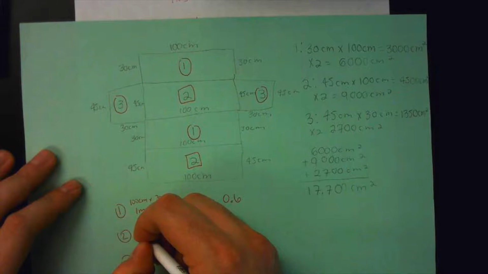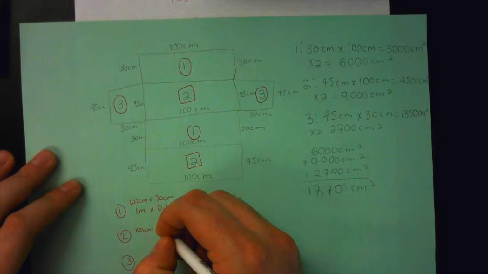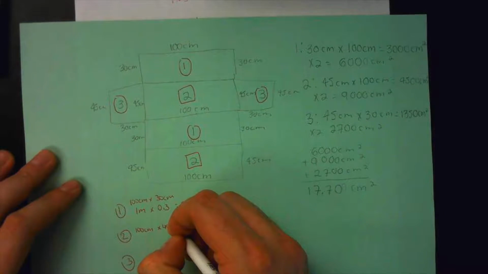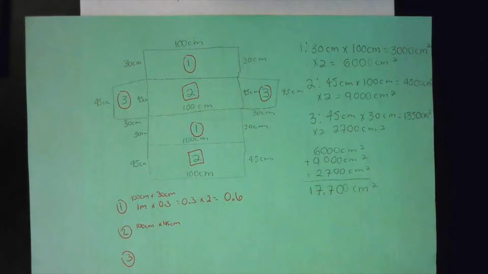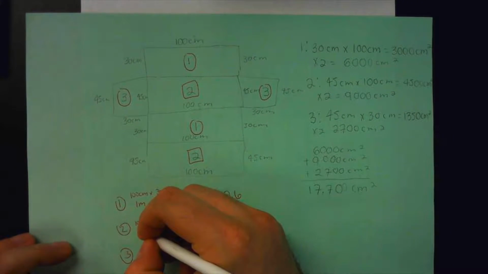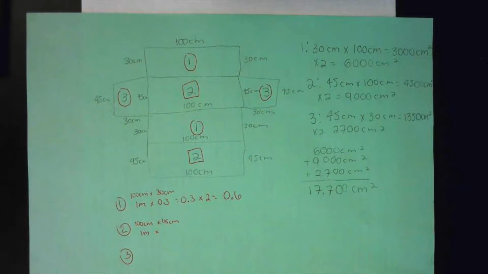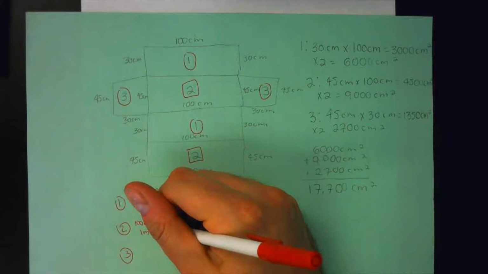Okay. Let's look at the second square now. We have 100 centimeters multiplied by 45 centimeters. How can we convert this? 100 centimeters we said is 1 meter. And then 45 centimeters, what is that in meters? It's 0.45.